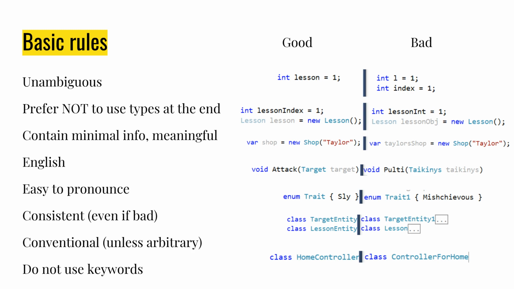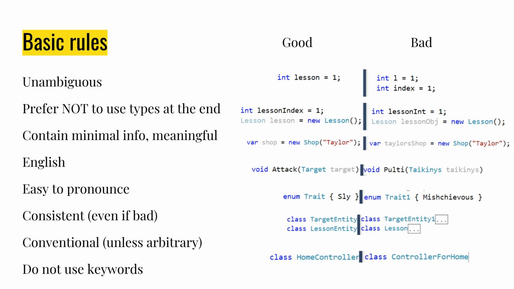Let's say you're supposed to iterate through lessons. You don't have any object about lesson, but all you have is an index.